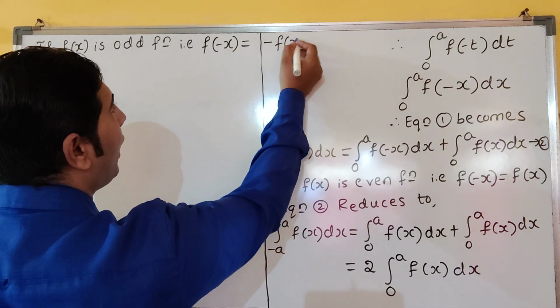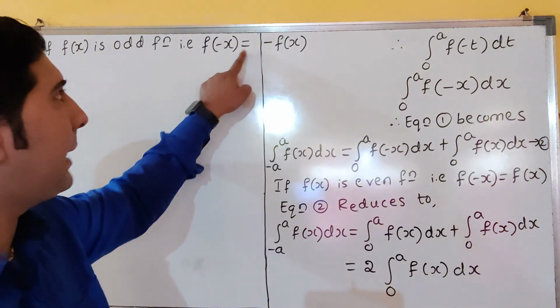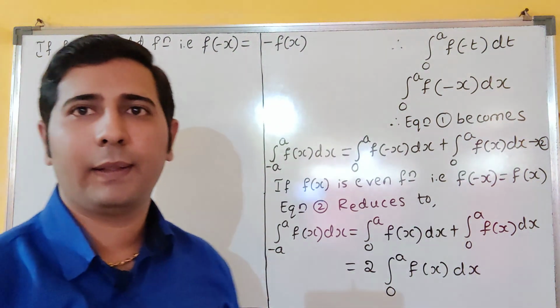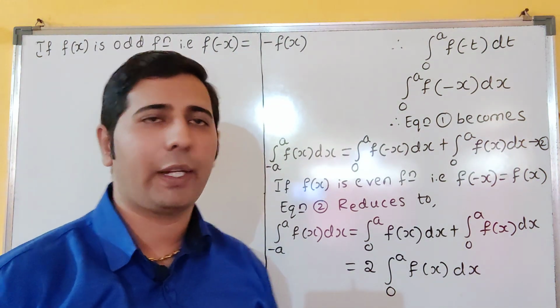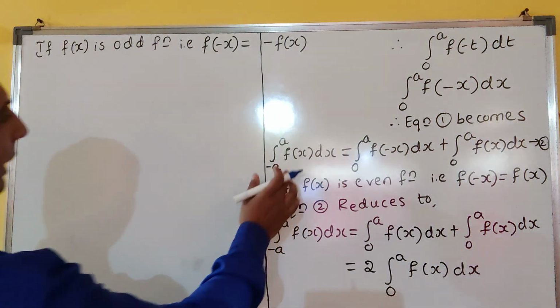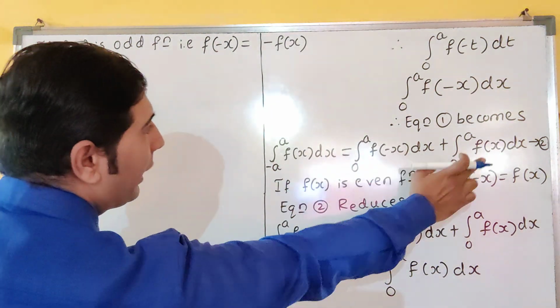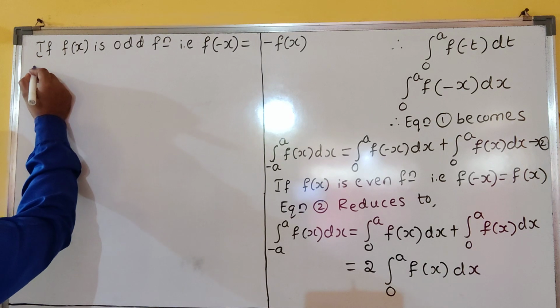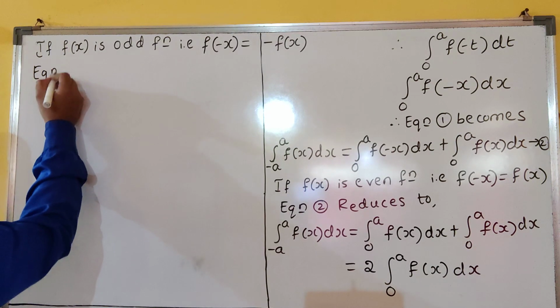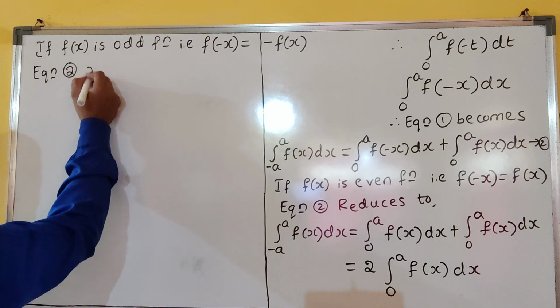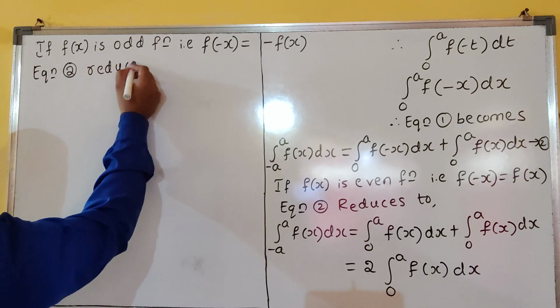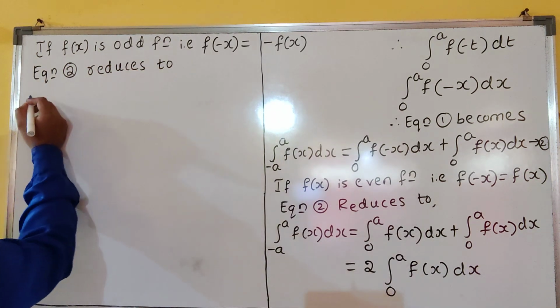Minus f of x or not? f of minus x is equal to minus f of x. You will get, yes or no? Odd function. So now start substituting in equation number 2. So therefore equation 2 reduces to what?